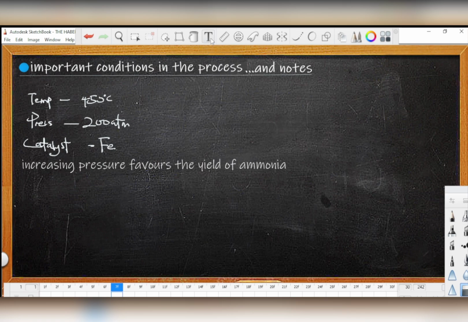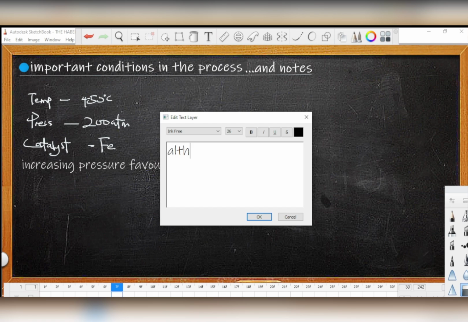So that's also a point to note. Although increasing pressure favors ammonia yield, 200 atm is reasonable so as not to have too much pressure that will break pipes.